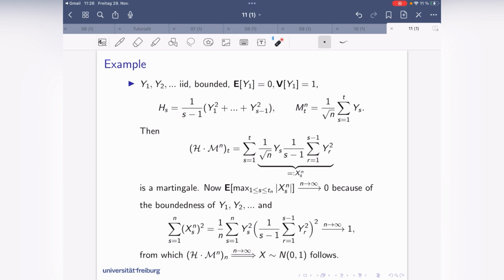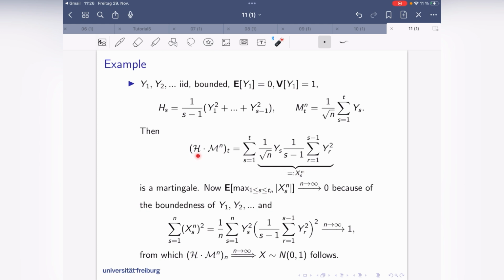So if I would integrate 1 against m, well, that would be fine because that would be m, but I'm having it a bit differently, and that violates the usual independence assumption, but it does not violate that h times m is a martingale. Because we know if m is a martingale, h times m is also a martingale. So I can write that down. Okay, what do I have to do?